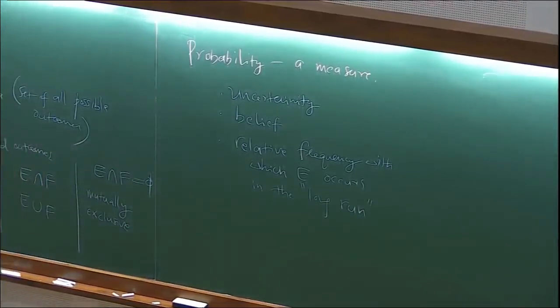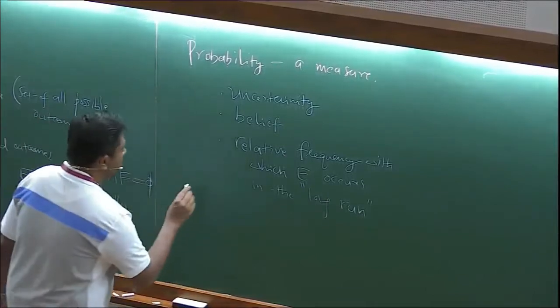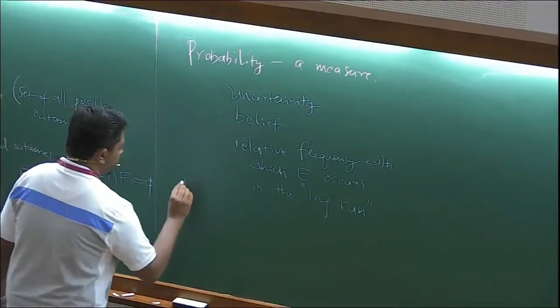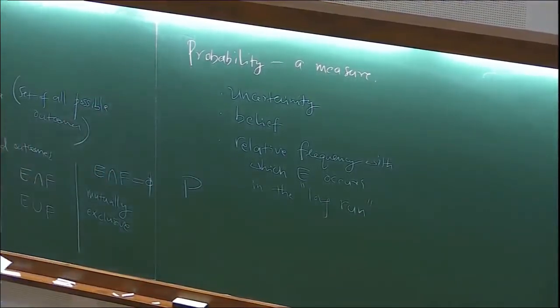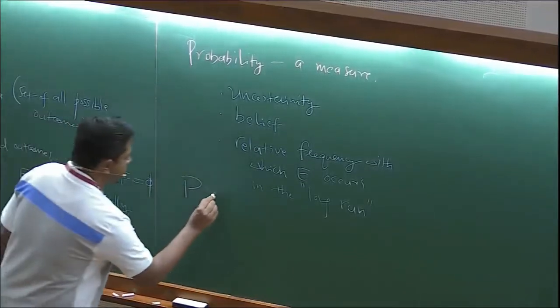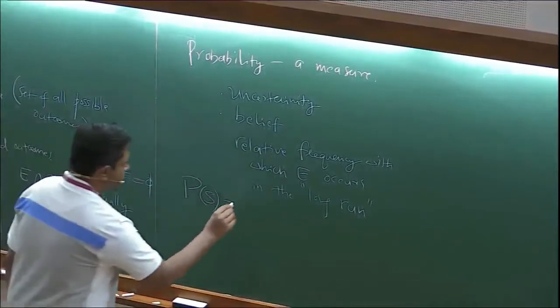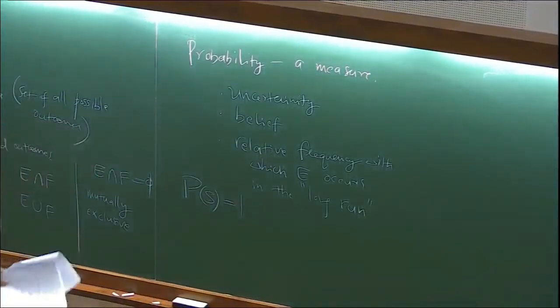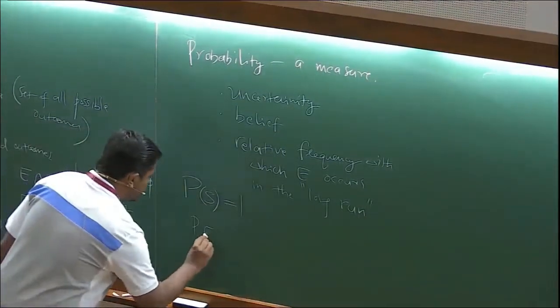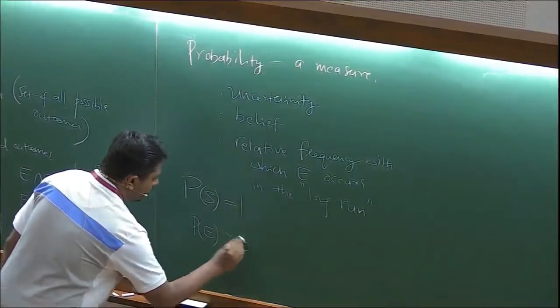So some properties of the probability distribution. I'll denote the probability by P. What's the probability of the entire sample space? 1. Something must occur. And you also know that for any event E, the probability is a non-negative number.